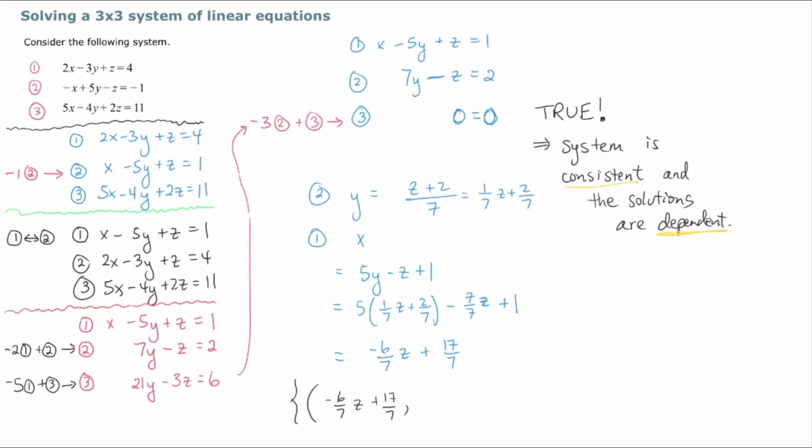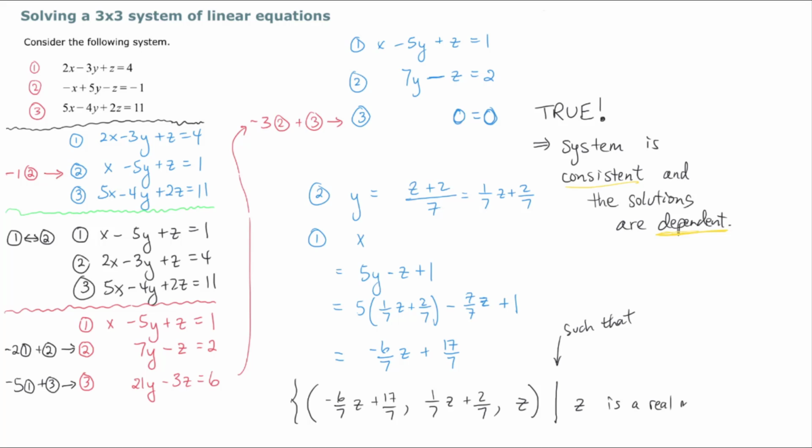Where's our y? Y is 1/7 z plus 2/7. And then what's our last representative? Our last representative is z), parentheses. Then we write this bar. This bar is read as such that z is a real number.